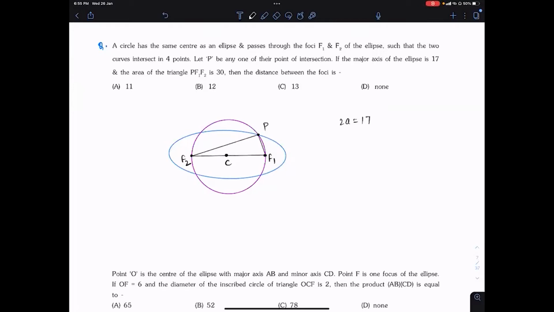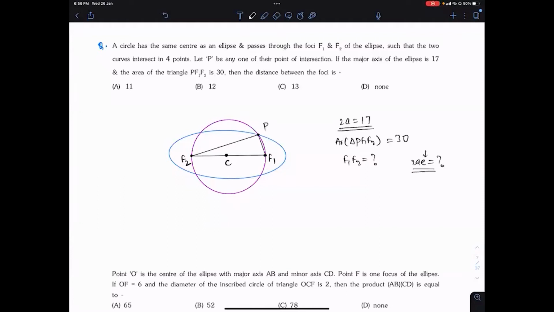Then they are asking the distance between the foci. Okay, looks like a tough question only. So they have given the area of triangle PF1F2 as 30. Then they are asking the distance between the foci F1, F2. That means they are asking, 2AE is how much? You already know 2A. We need 2AE. That means we should know the eccentricity.